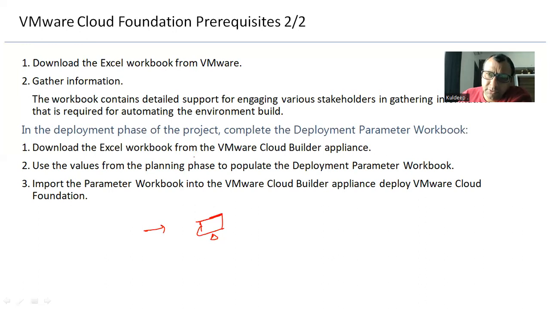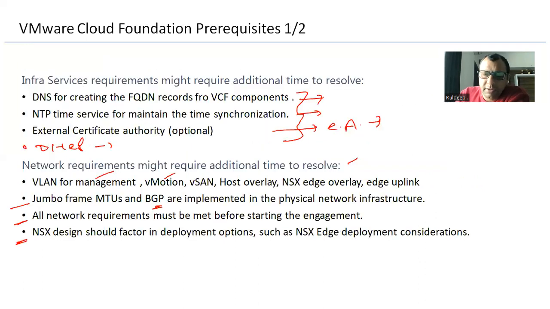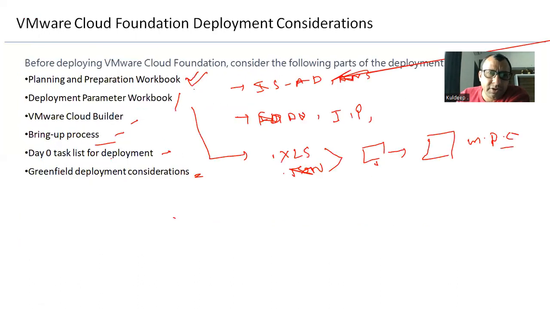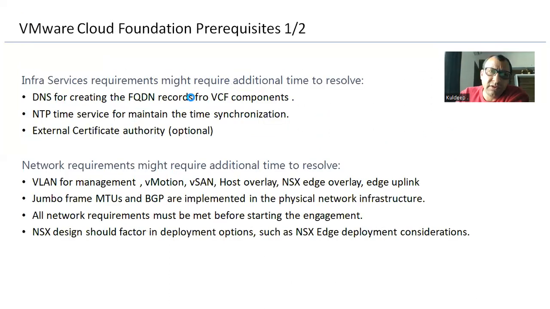The same parameters we have to give in the deployment parameter workbook. Don't get confused: the deployment planning and preparation workbook is different, where we capture all details from the customer, and the parameter workbook is what we supply into the Cloud Builder appliance for the build process of VMware Cloud Foundation.